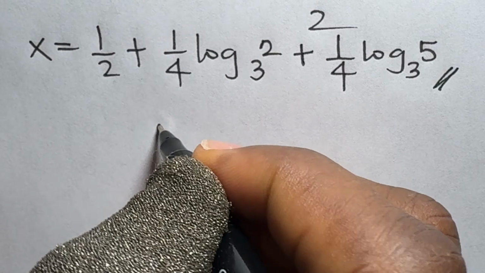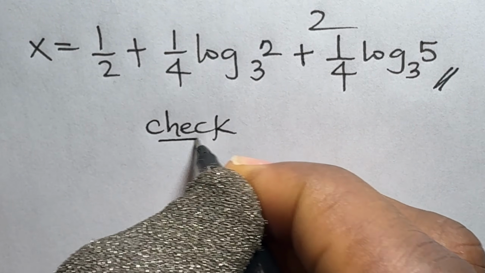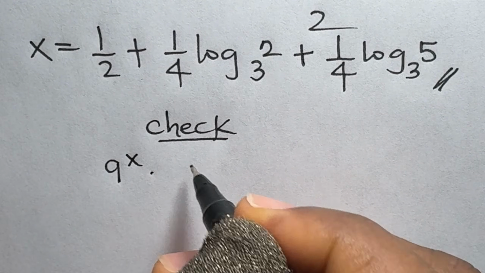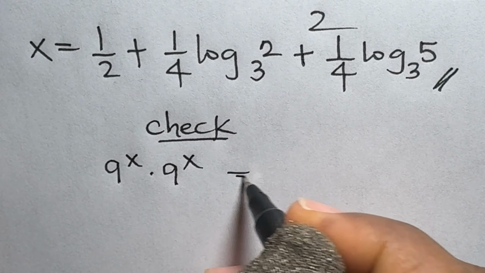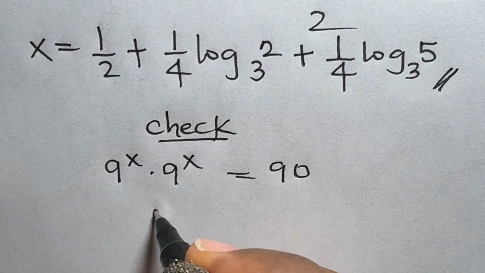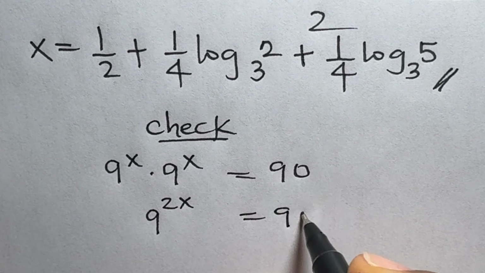Let us do a quick check to confirm that this solution is correct. We're going to substitute this into the given question. 9 raised to power x times 9 raised to power x is 90. This is 9 raised to power 2x equals 90.